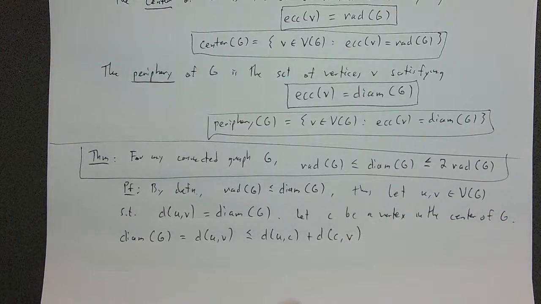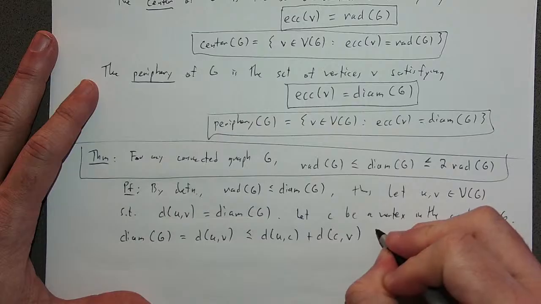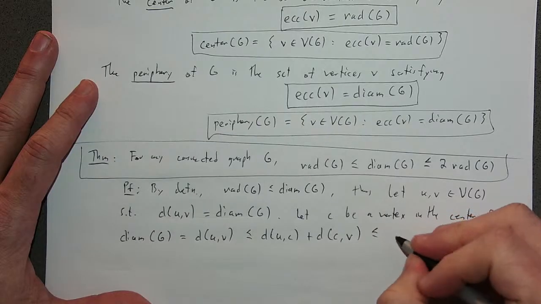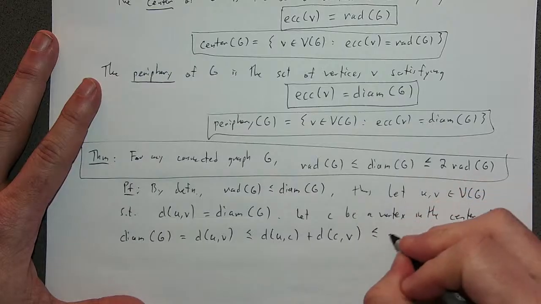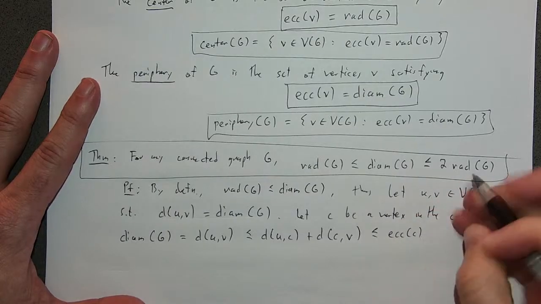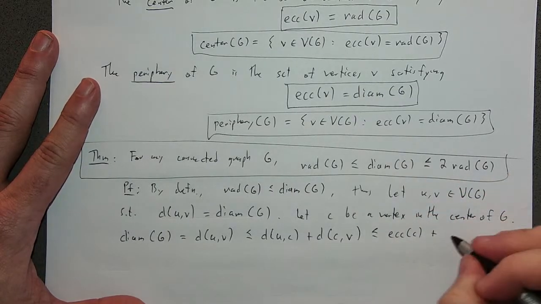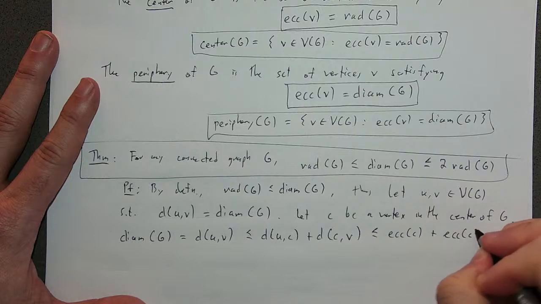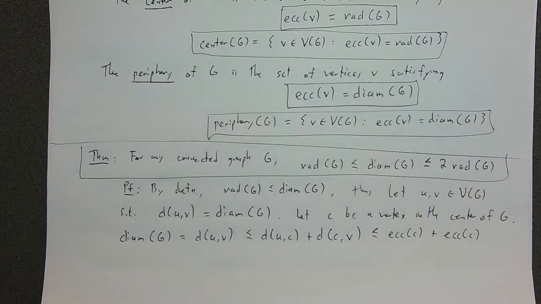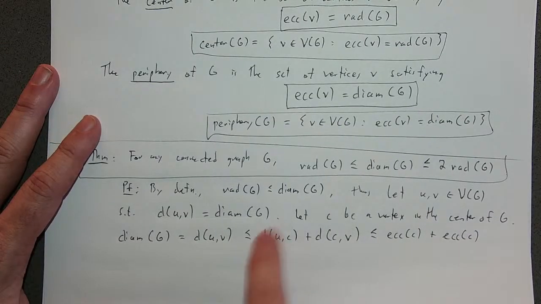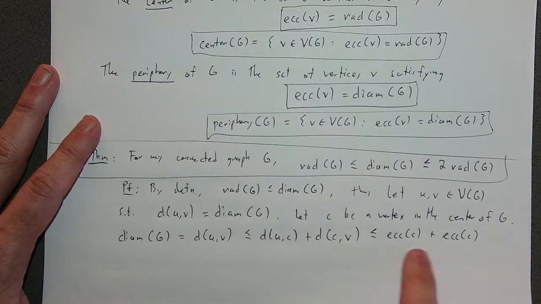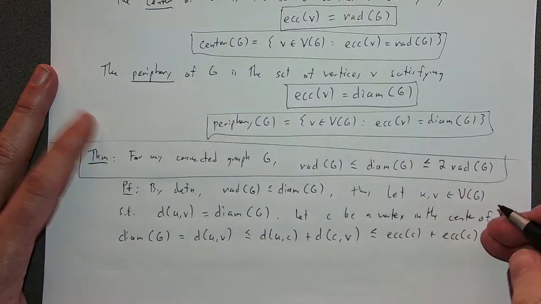Eccentricity is the largest such distance. So this is less than or equal to the eccentricity of C plus the eccentricity of C, because the eccentricity is the largest of all such distances from C to some other vertex. But this is 2 times the eccentricity of C.